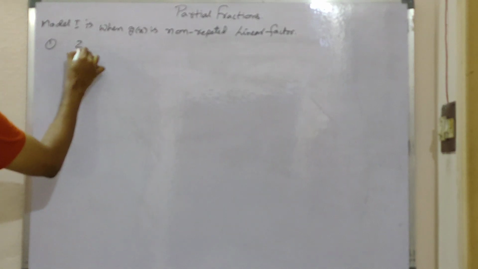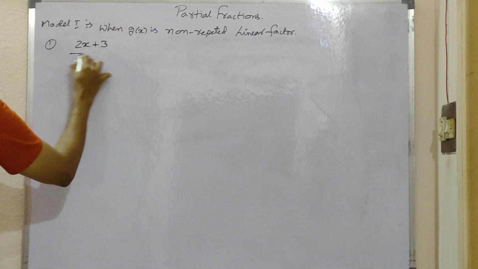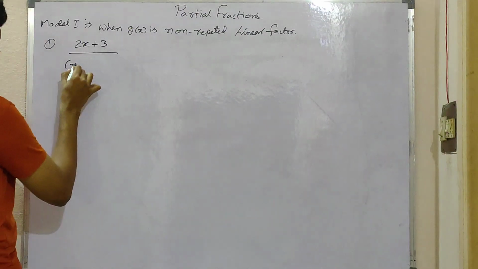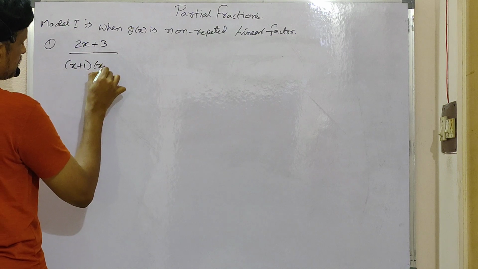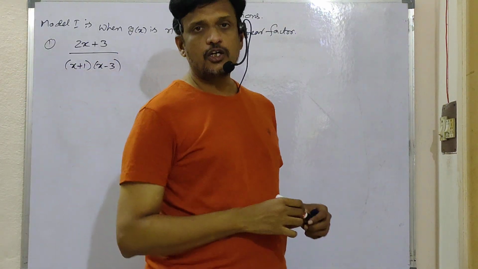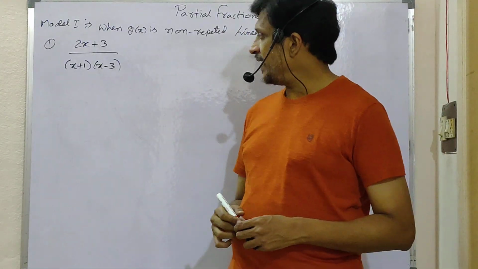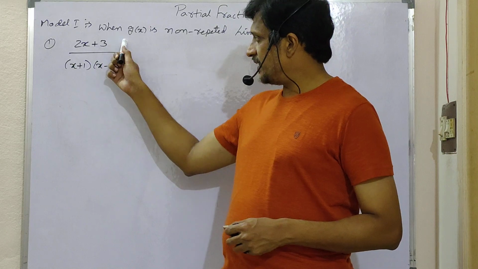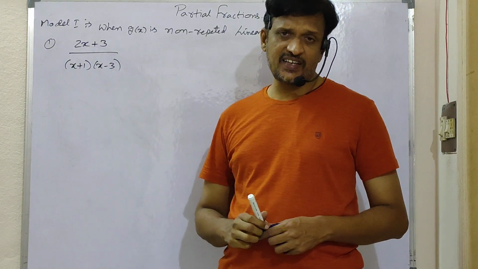Write the given fraction as the sum of partial fractions. The first one is 2x plus 3 by x plus 1 into x minus 3, which is of the form f of x by g of x.